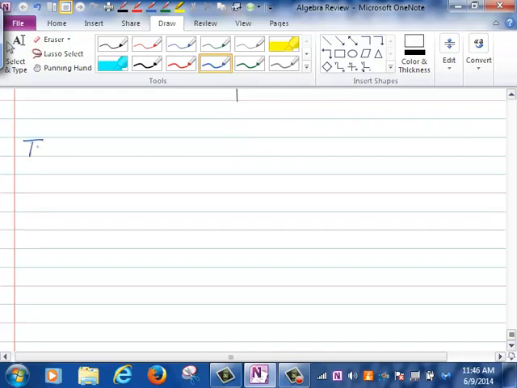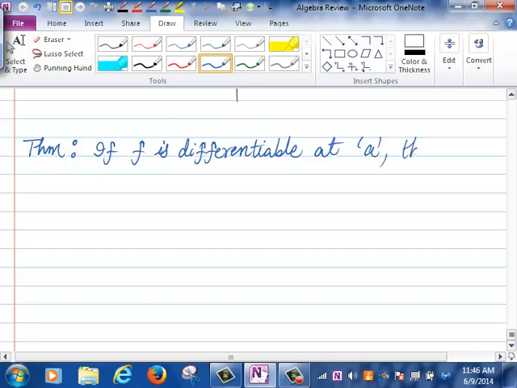Here's a fact. If f is differentiable at a, then f is continuous at a as well.